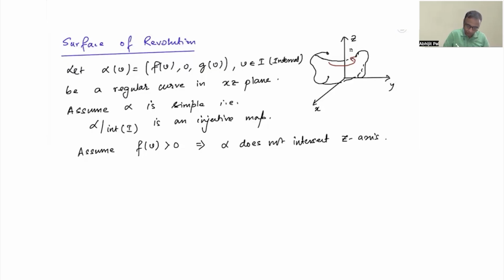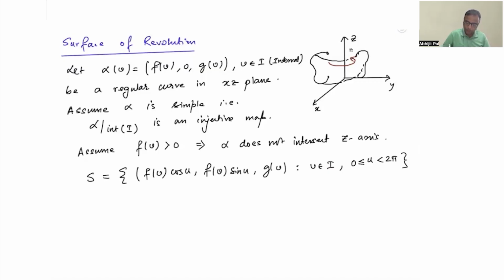Now let us take S to be the following. S is given to be f(v) cos u, f(v) sin u, g(v), where v belongs to the interval I, and u is running from 0 to 2 pi.